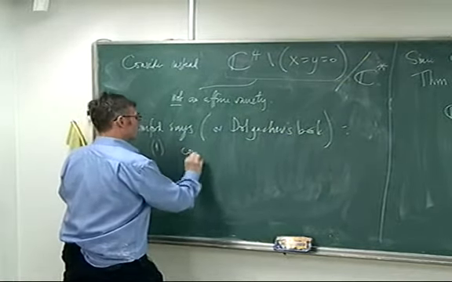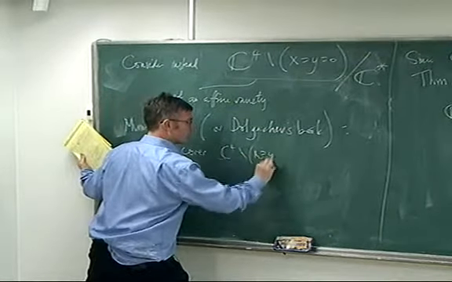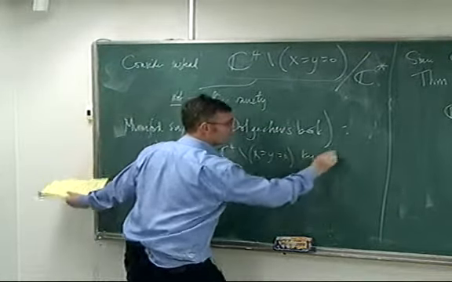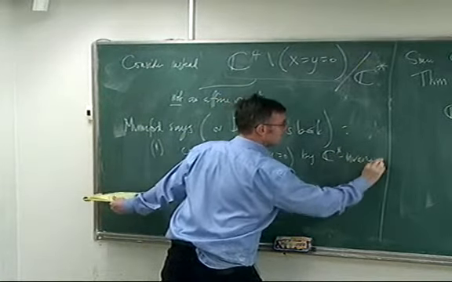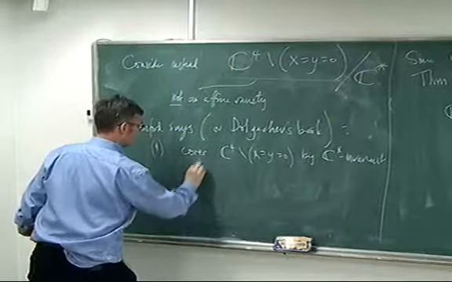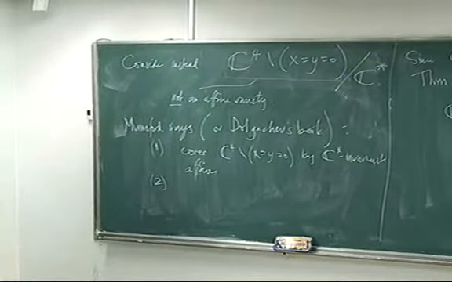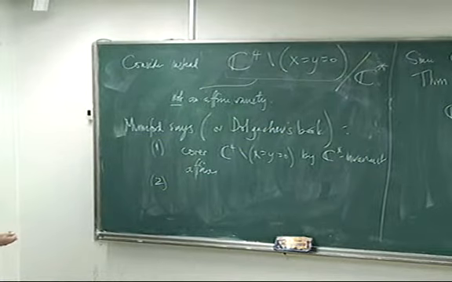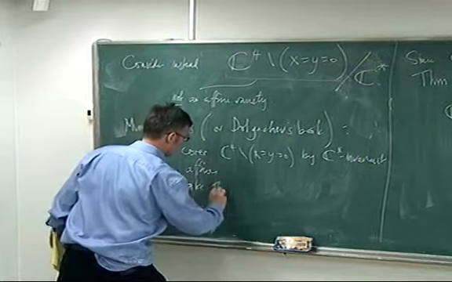So step 1 is cover C4 without x equals y equals 0 by C star invariant affines. Two, now those are affines with the C star action, so you can take the invariance.